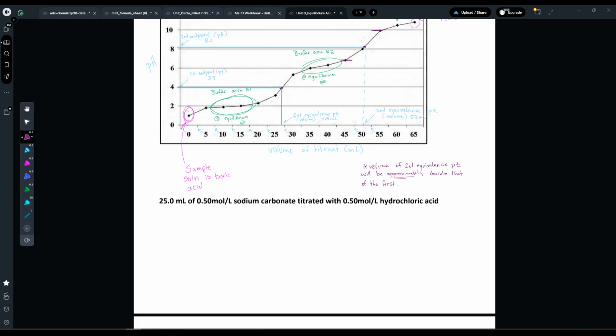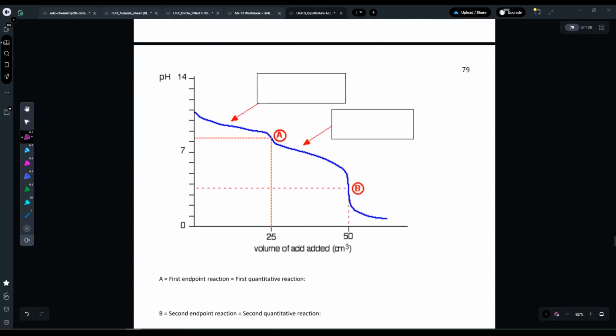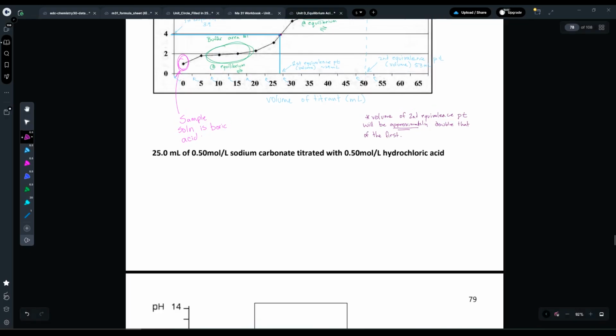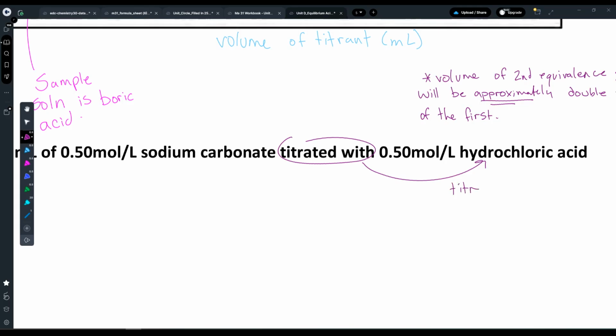Okay, so the next example is put between two pages here. We've got 25 milliliters of a 0.5 mole per liter sodium carbonate solution that's titrated with... That "titrated with" tells you that what comes after it is the titrant.